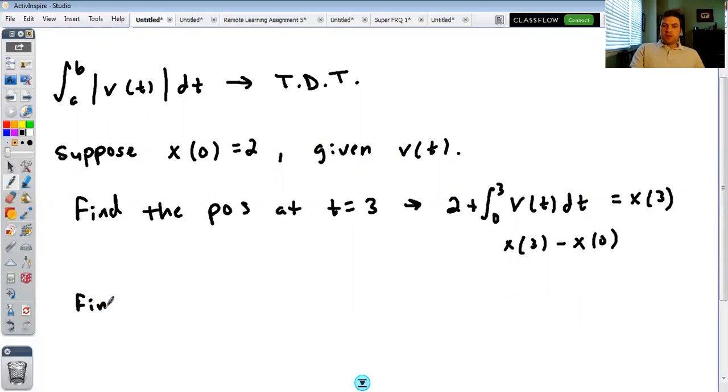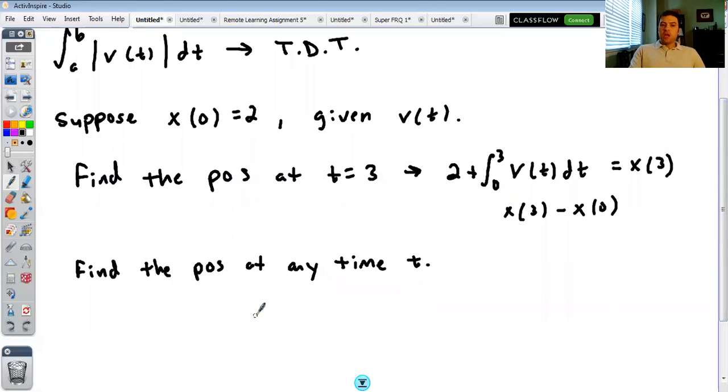But what if I said find the position at any time t? So this would be creating an equation to represent the position.